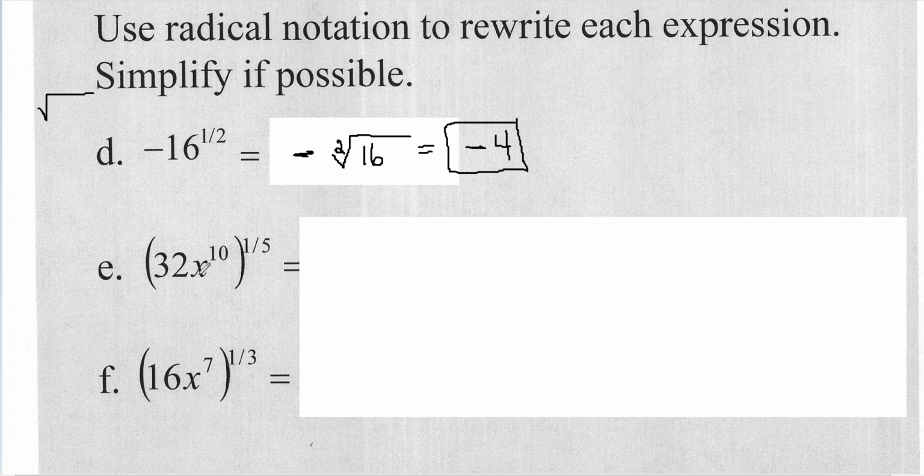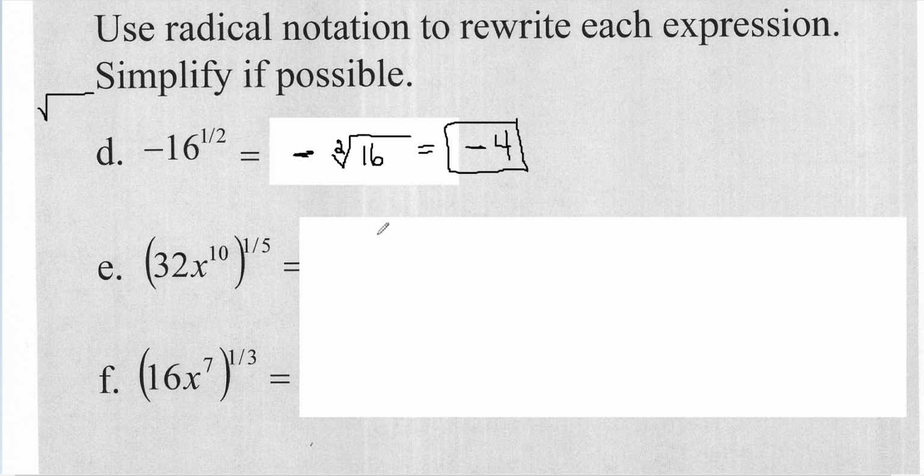Okay, how about this fella here? This is a case where we're using the power rule, right? This is a power raised to a power. All right, so now this is a product to power rule where I got to include the 32.